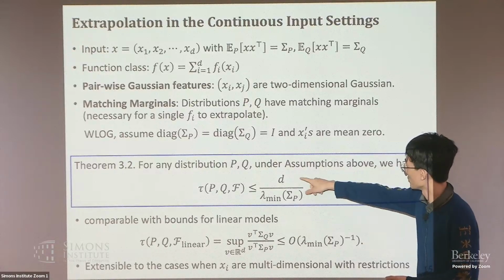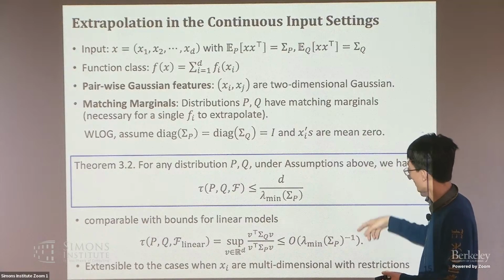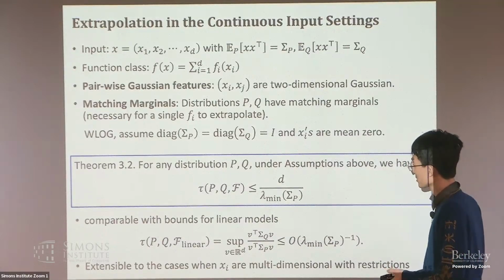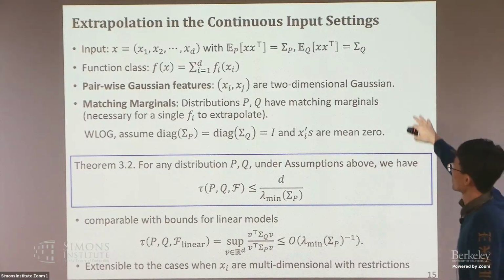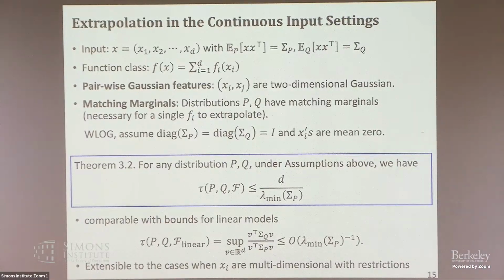So there's a difference in the numerator: the bound is actually d times bigger, but at least qualitatively they are of a similar type. So basically you get the same bound even though the function class is not linear, but with some additional assumptions here as well.